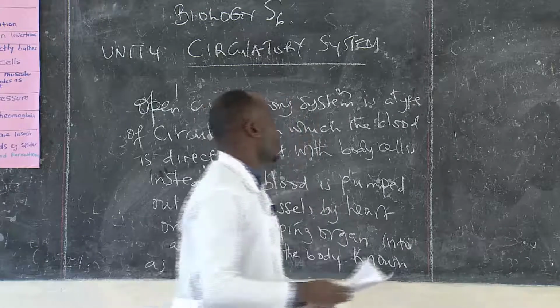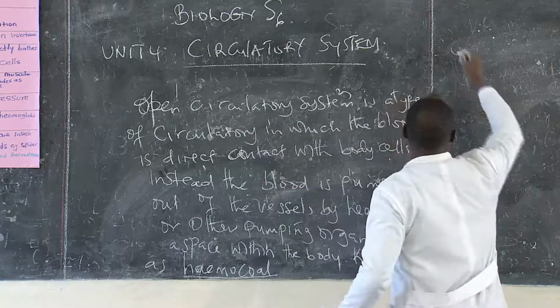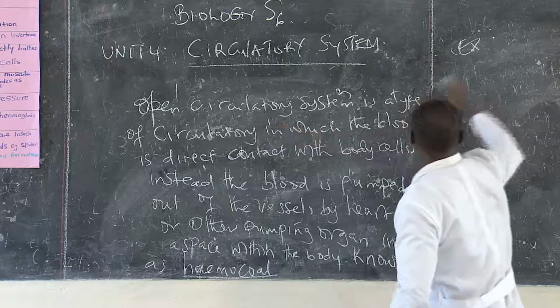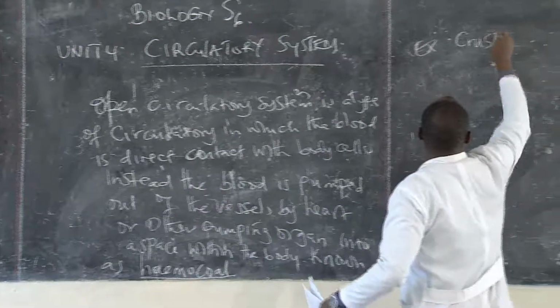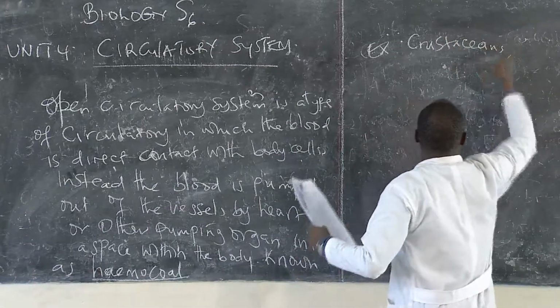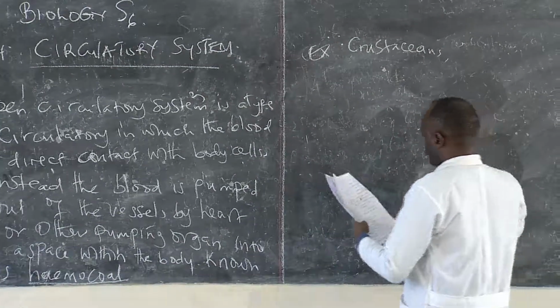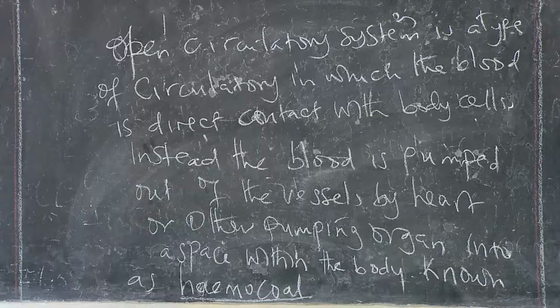We can have examples of animals that possess an open circulatory system. We have the crustaceans. Good. We have insects.